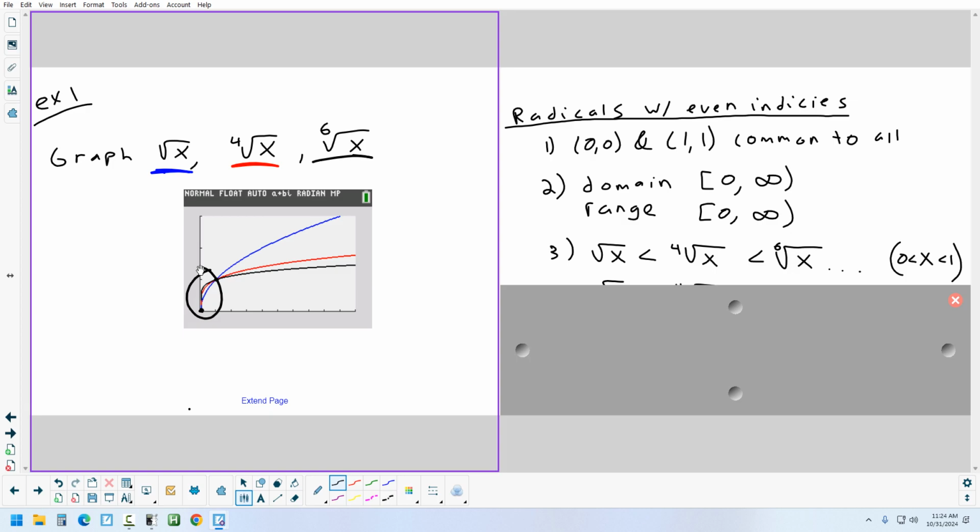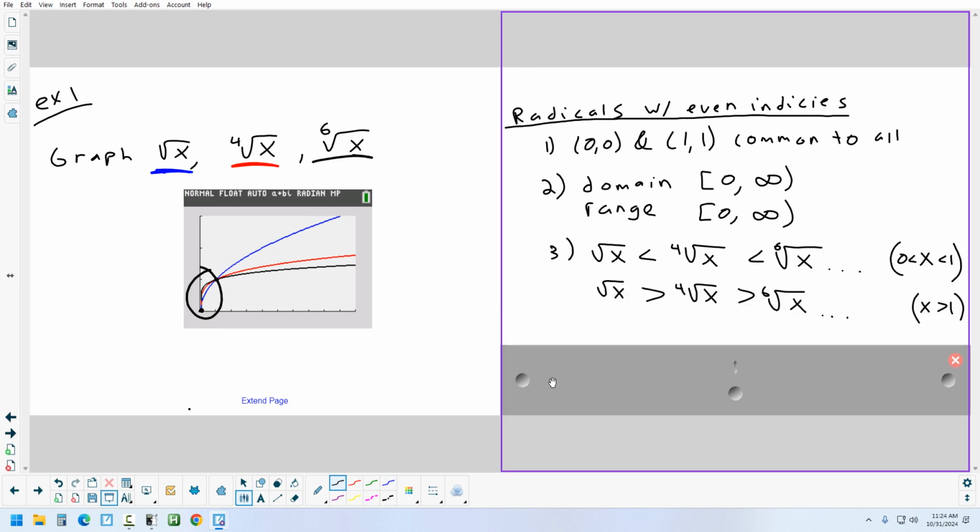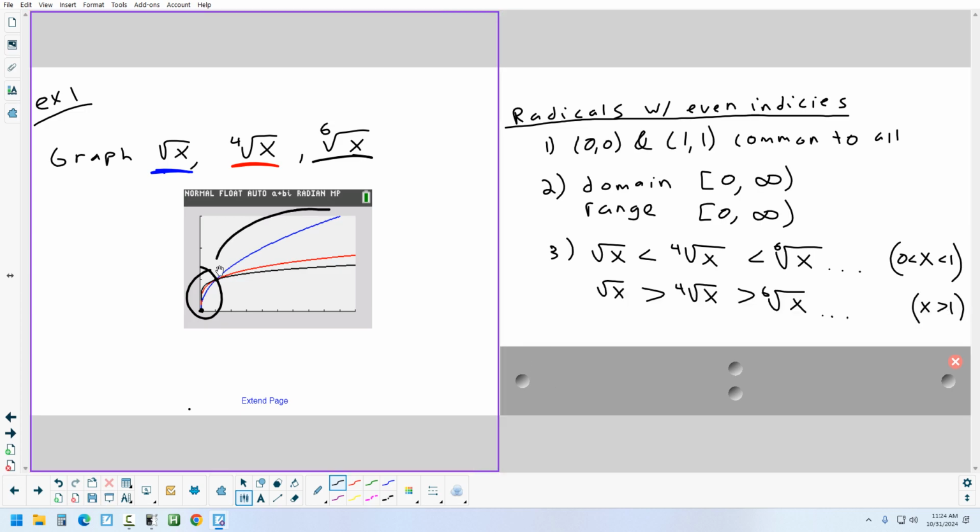Now, that behavior switches in this part. The higher you make the index, the lower it is on the graph. Sixth root is a higher index than a fourth root, so the sixth root is lower.